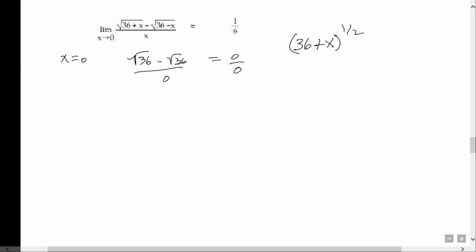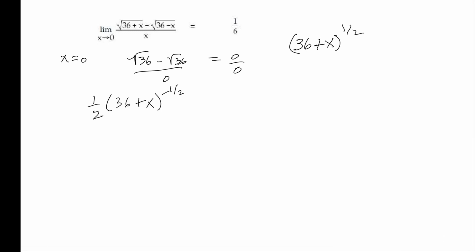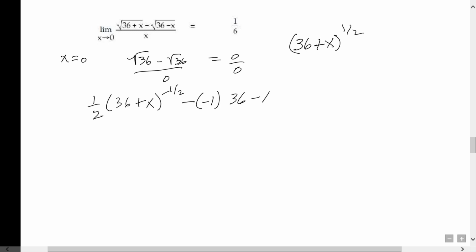That derivative is simply 1/2 times 36 plus x to the minus 1/2 power, minus the 36 minus x to the minus 1/2 power.